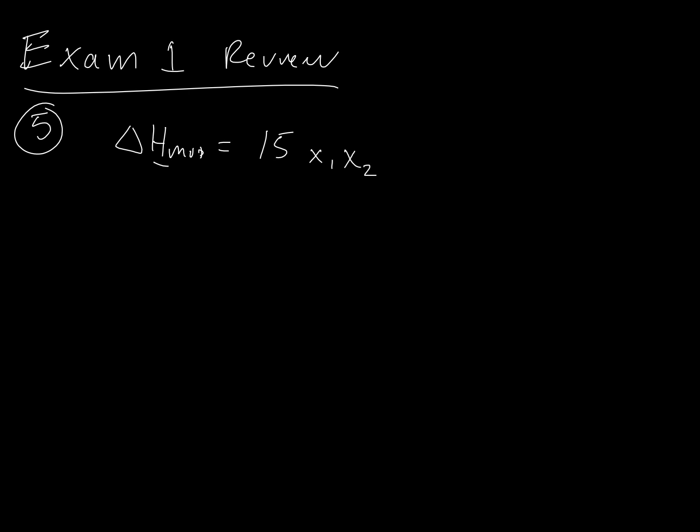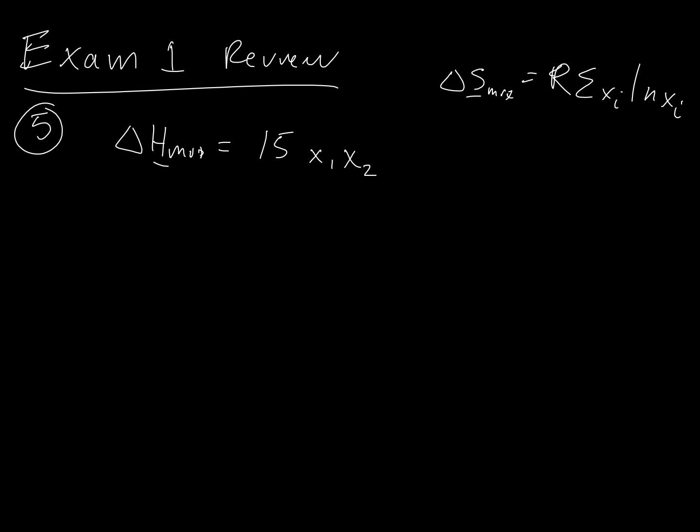Assume that we have ideal entropy of mixing. So the delta S of mixing, if it's ideal, is going to be equal to R times the summation of xi ln of xi. That's what we covered yesterday or last week, I don't remember.